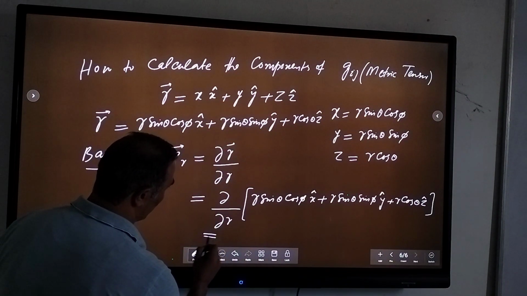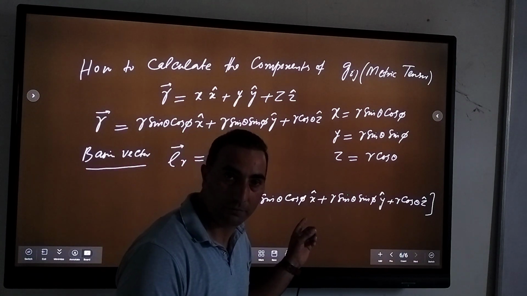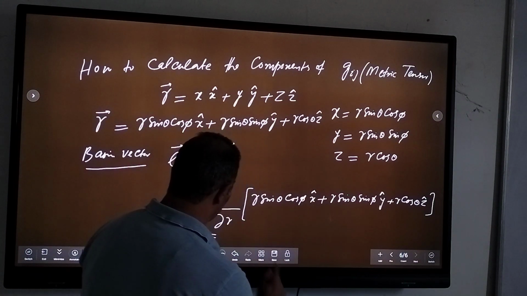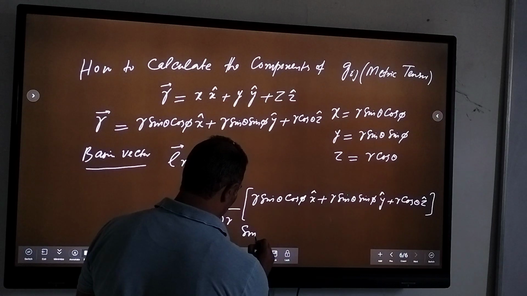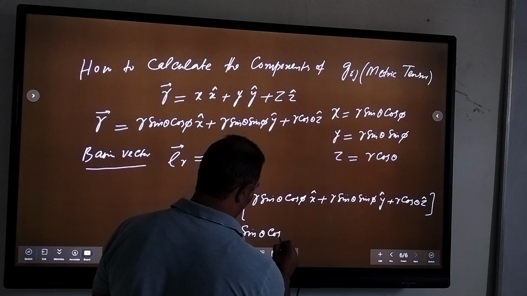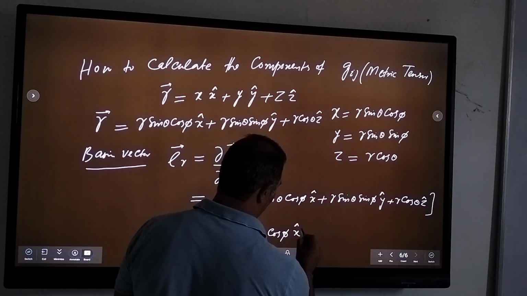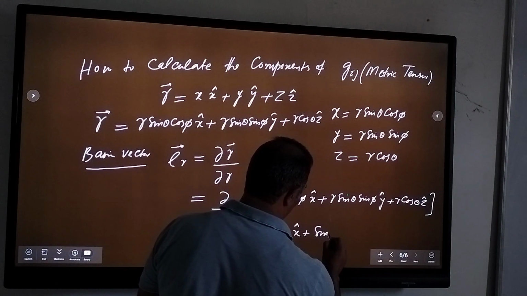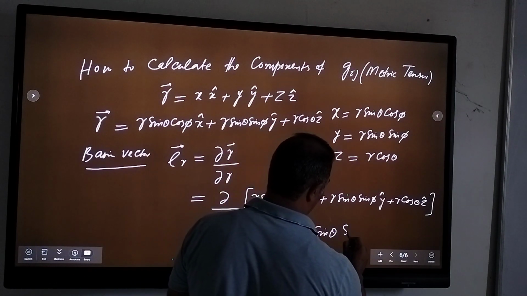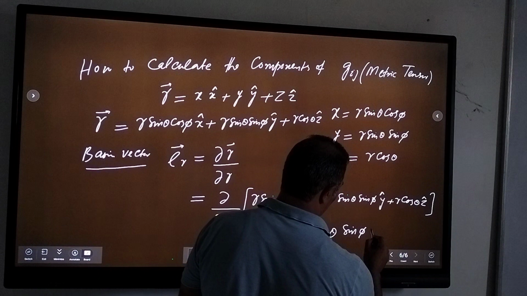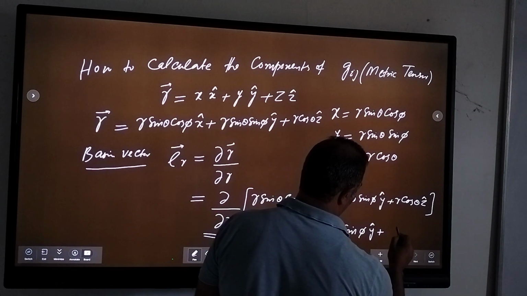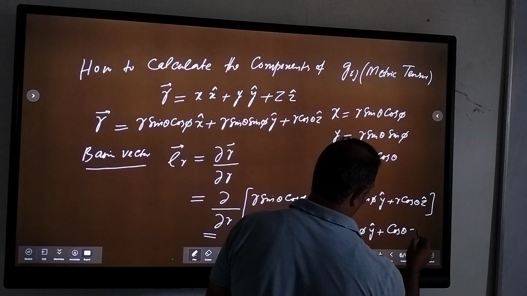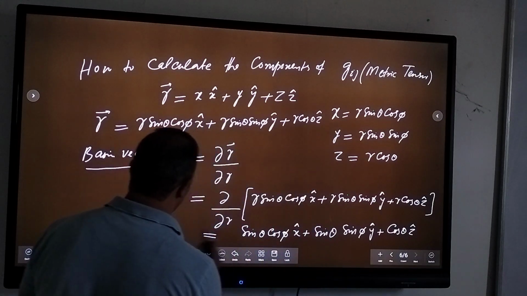So this will be equal to, because you need to differentiate it partially with respect to r... so this is our ER.